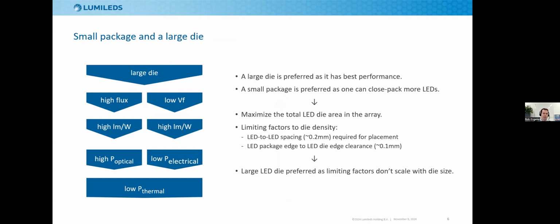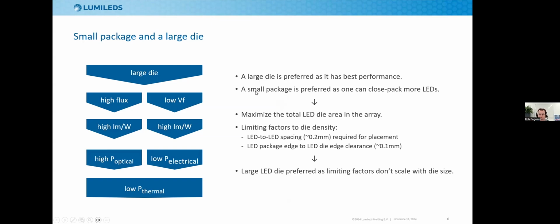And both these effects combined result in high efficacy, high lumens per watt. On one hand, that's because of higher optical power coming out of the LED, and there's lower electrical power needed to power these LEDs. And those combined make the thermal load of each individual LED as low as you can get it. So a large die is preferred as it has the best performance.